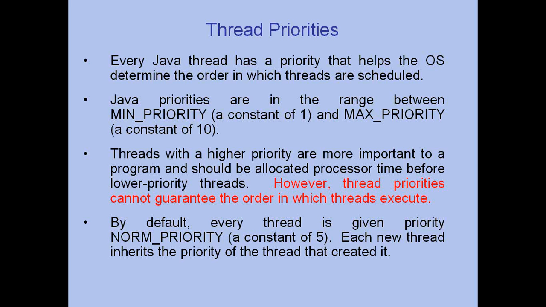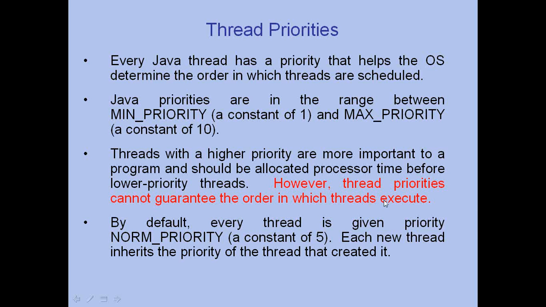Every Java thread has a priority that helps the OS determine the order in which threads are scheduled. Java priorities are in the range between 1 and 10, where 1 is the minimum priority and 10 is the max priority. Threads with higher priority are more important. However, thread priorities cannot guarantee the order in which threads execute.